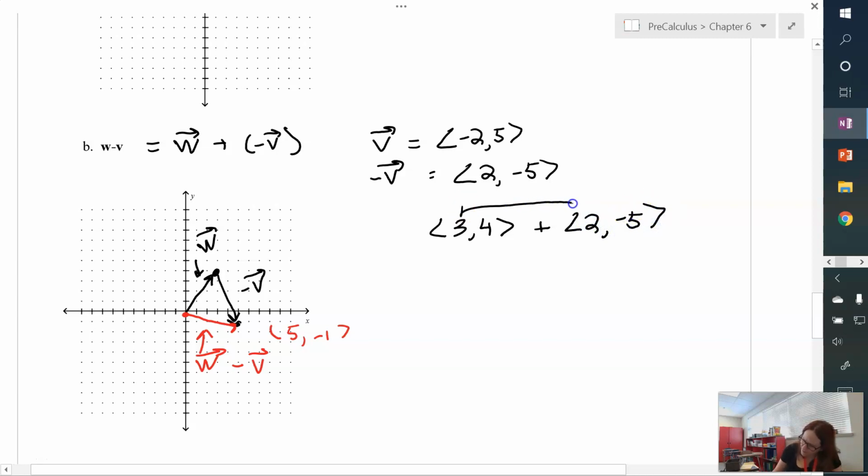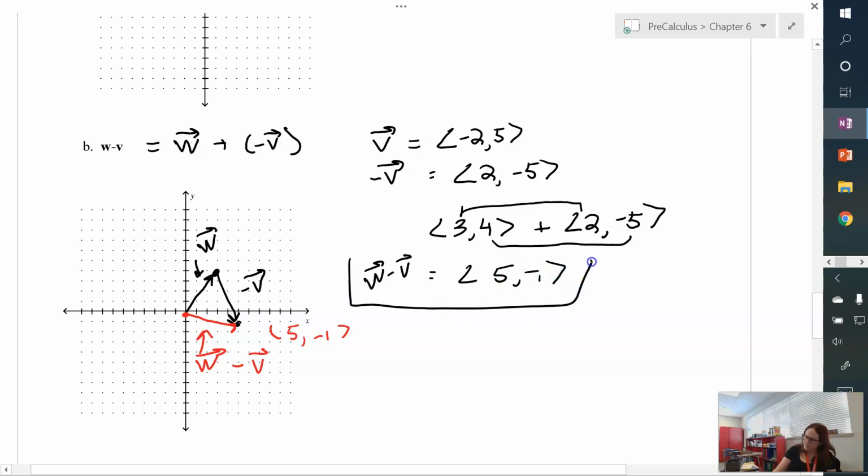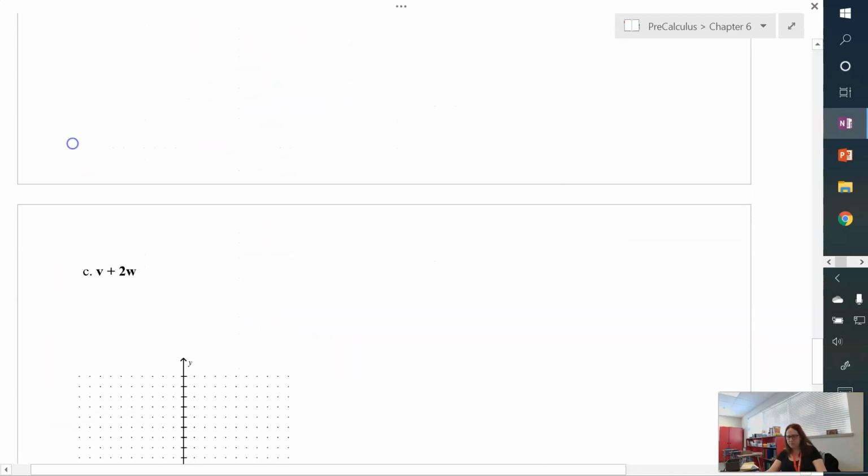So I'm going to add my 3 and my 2, and I get a 5. And then I'm going to do 4 plus negative 5. There's my negative 1. So now doing it numerically, I have vector w minus vector v is going to be 5, negative 1. Got the same thing both graphically and numerically.